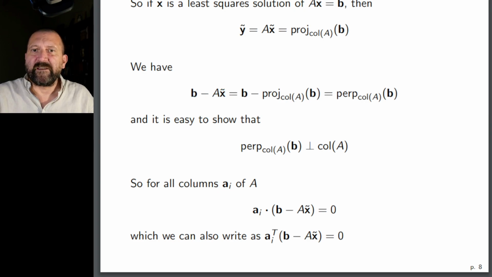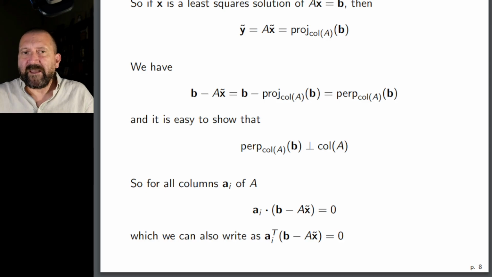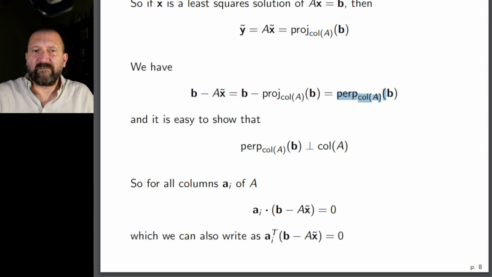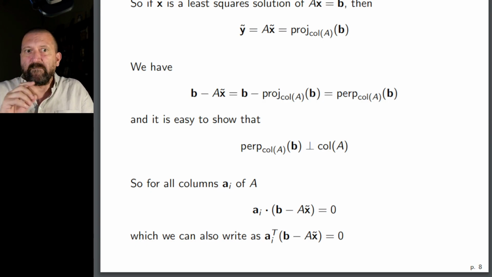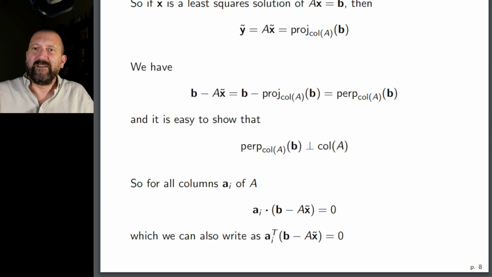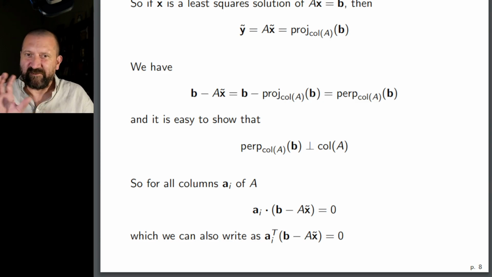And B minus AX tilde is the same thing as B minus the projection on the column space of A of B. And that's the vector perpendicular to the projection on the column space of A of B. This is something I haven't defined, but it's the orthogonal projection onto the column space of A. I'll add a little exercise so that you can see what this is about.